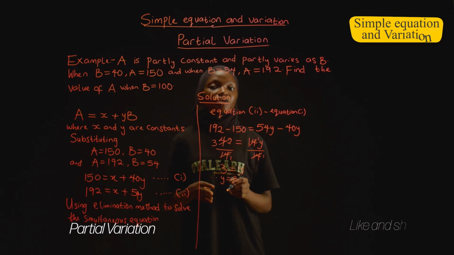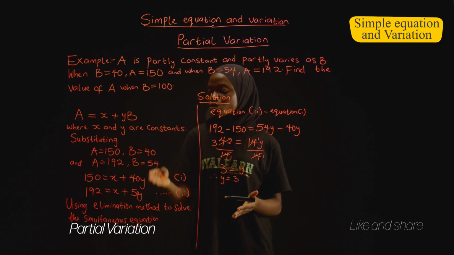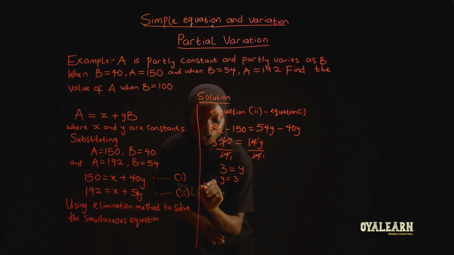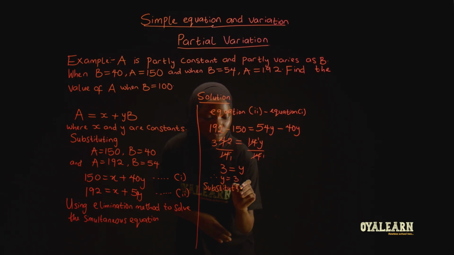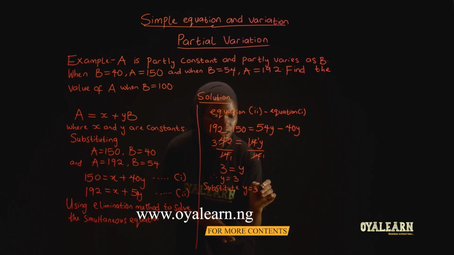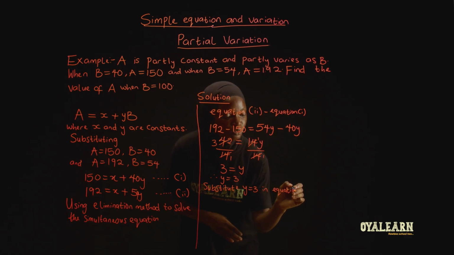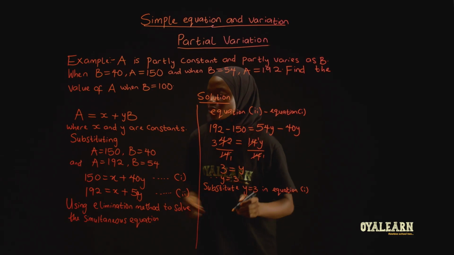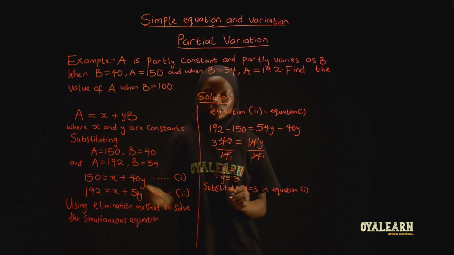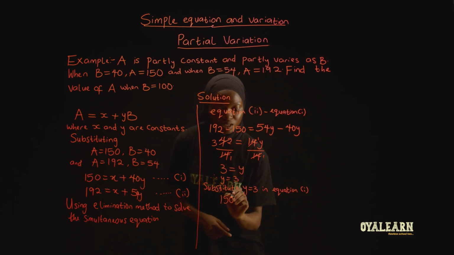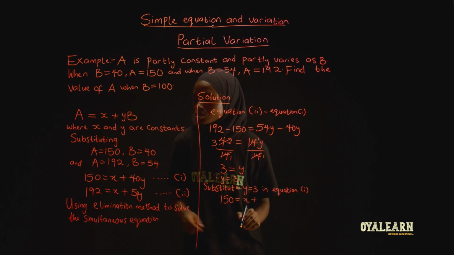Now to find the value of X, we substitute this value of Y inside one of these equations. So substitute Y equals 3 in equation 1. And the equation 1 we have, it says 150 equals X plus 40Y.